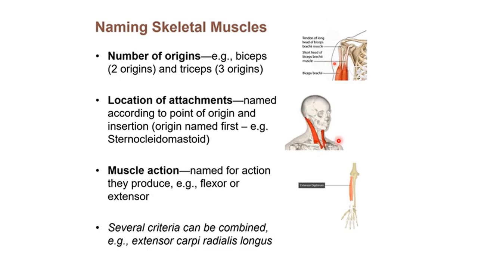So you can basically look for the muscle at the places that is named. Some muscles are also named based on the action that the muscle is producing. So we have here, for example, flexors or extensor muscles. And sometimes you can combine a lot of these terms, and the names of the muscles get to be quite long.